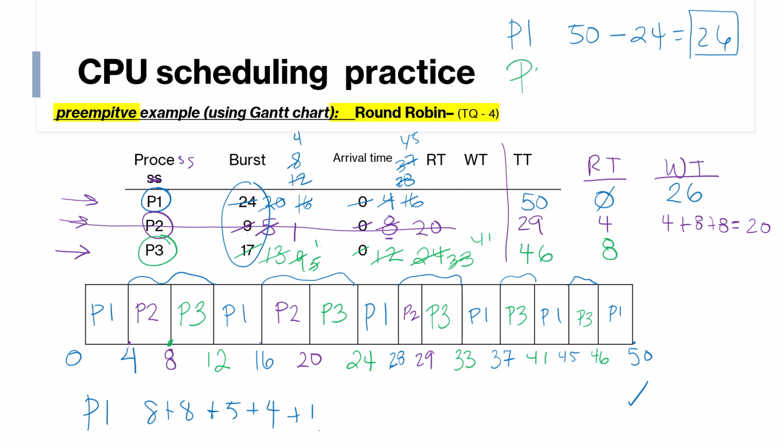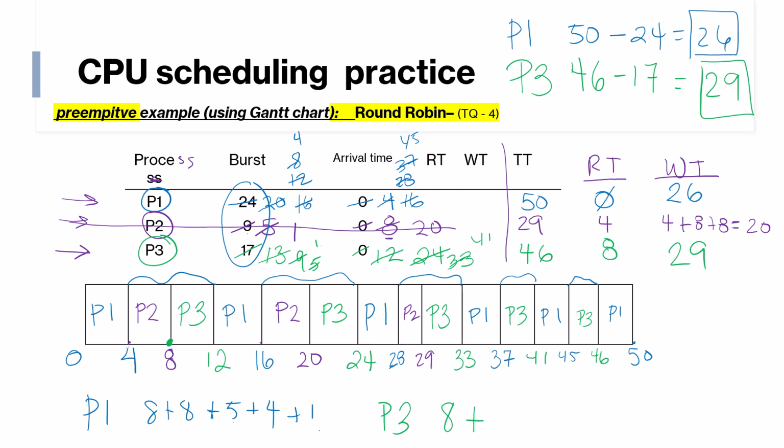P3, you can take P3's turnaround time, which is 46, and subtract the CPU time, which is 17, and that should give you a wait time of 29. But to calculate P3's wait time, we can also look at our chart and get all of the times that P3 waited. So first you have the response time, which is 8.